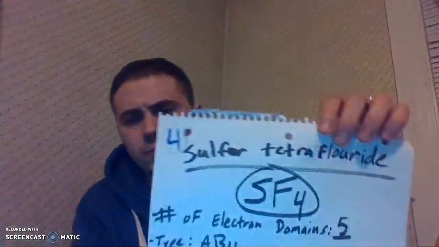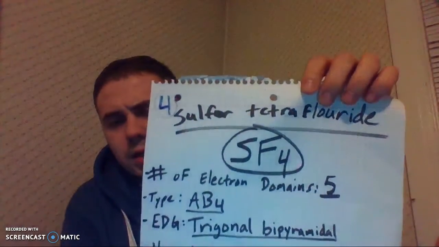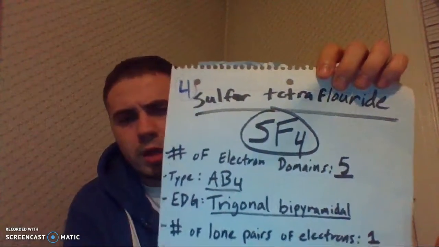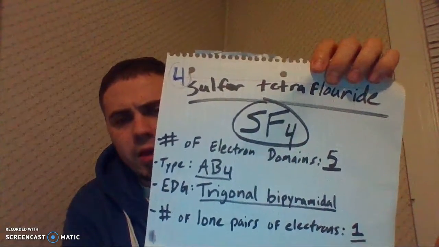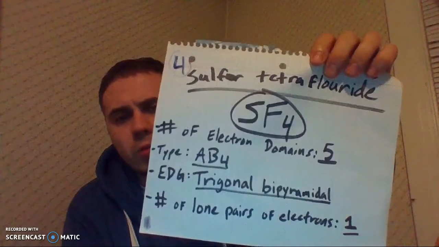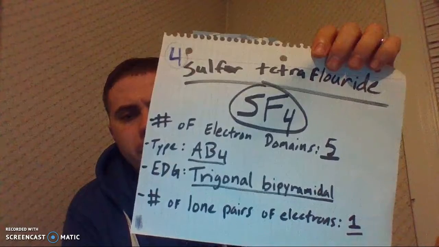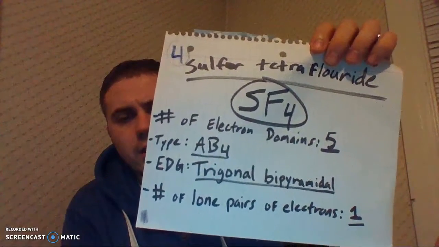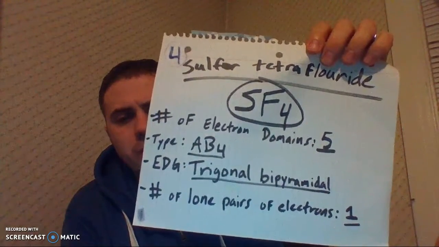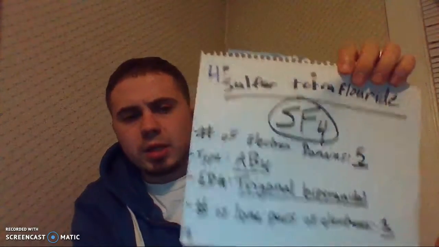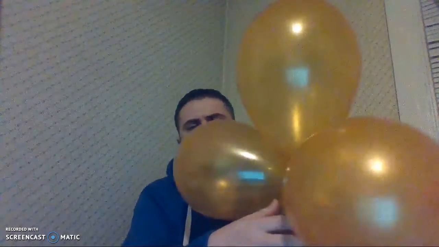Okay, so moving on, next is sulfur tetrafluoride. It is SF4, the number of electron domains is 5, the type is AB4, and the electron domain geometry is trigonal bipyramidal. The number of lone electron pairs is 1. To get that shape for sulfur tetrafluoride, I've added to our model here.